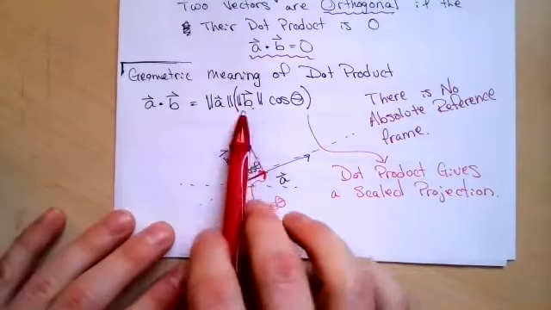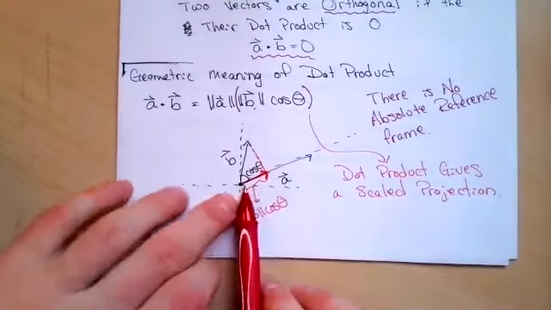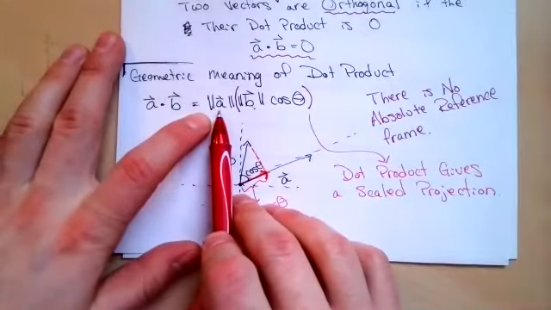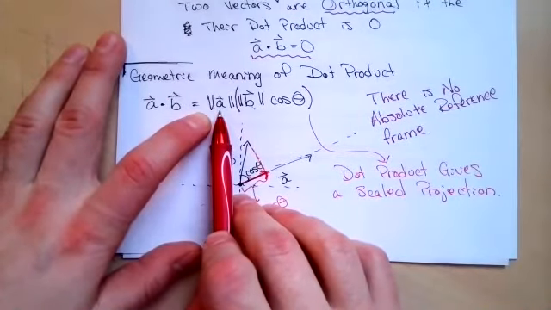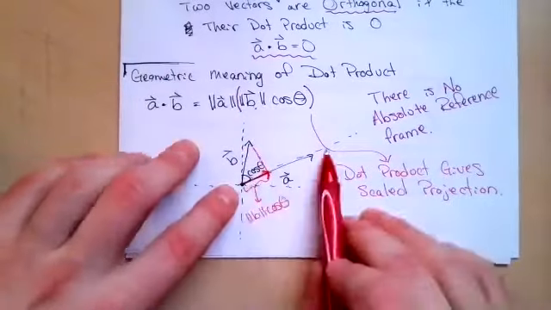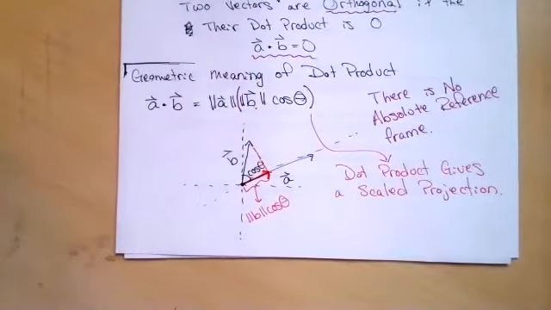It projects the component of B onto A, but since it's a multiplication, we also have to take the size of A into account. So it's like projecting B onto A and then scaling that by the length of A.